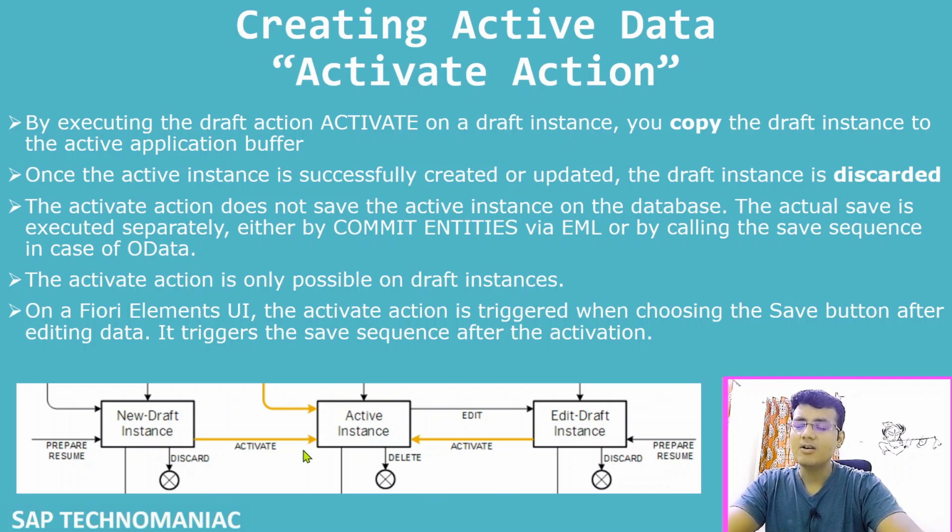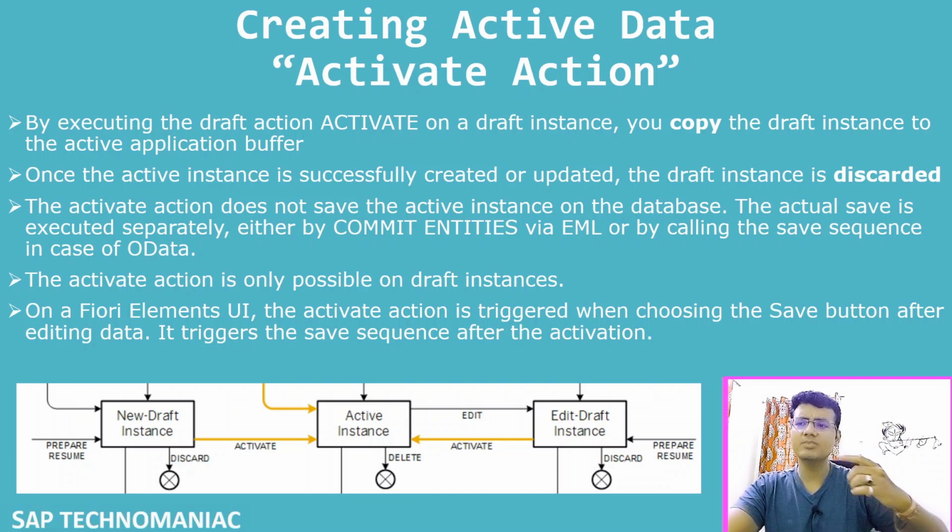Third, after copying to the active instance, it is still not saved in your active table. As soon as you trigger the commit entities statement, the save sequence will trigger, and it will save this active instance data to the active table.